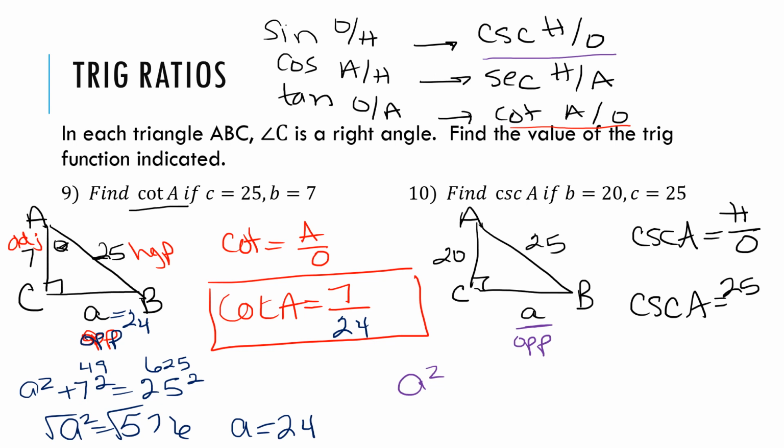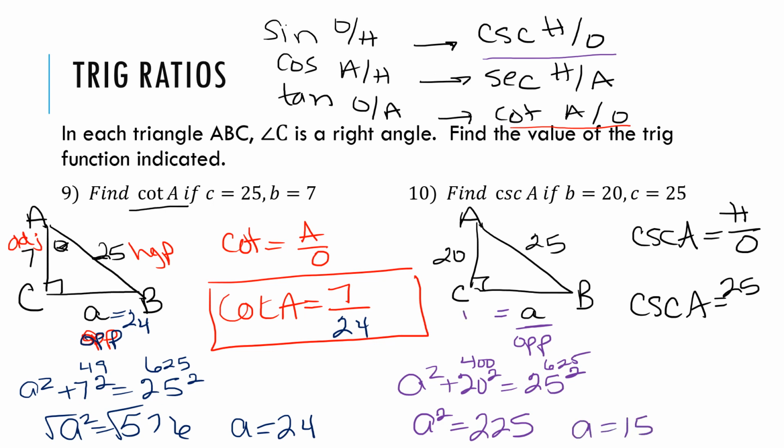So a squared plus 20 squared equals 25 squared. 20 squared is 400, and 625 is 25 squared. We just did that one. Yay us. So a squared will give us 225 when we subtract. When you take your square root, a has a value of 15. So now we can write cosecant of angle A is the hypotenuse, 25, divided by the opposite, 15.